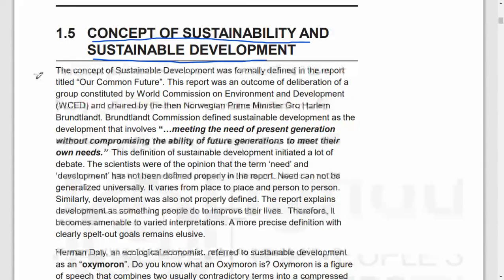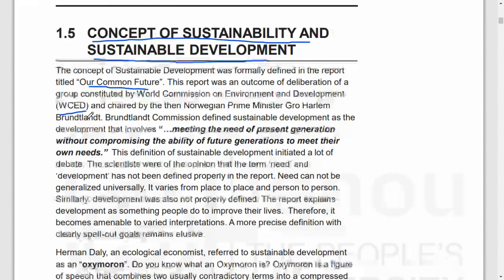The concept of sustainable development was formally defined in the report titled Our Common Future. This report was an outcome of deliberation of a group constituted by the World Commission on Environment and Development (WCED) and chaired by the then Norwegian Prime Minister Gro Harlem Brundtland.